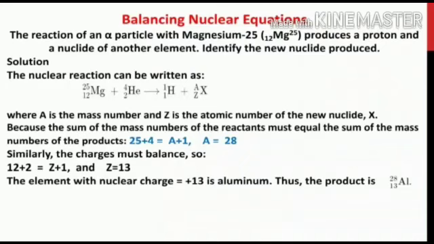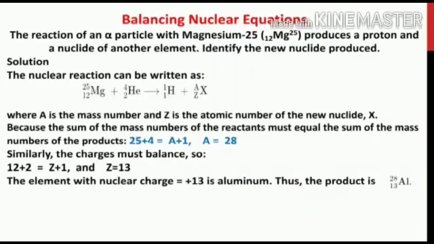This 25 plus 4 is equal to A plus 1. Here A is the mass number of the unknown nuclide, and 1 is the mass number of protium. So 25 plus 4 equals A plus 1. When we simplify, we get A equals 28.